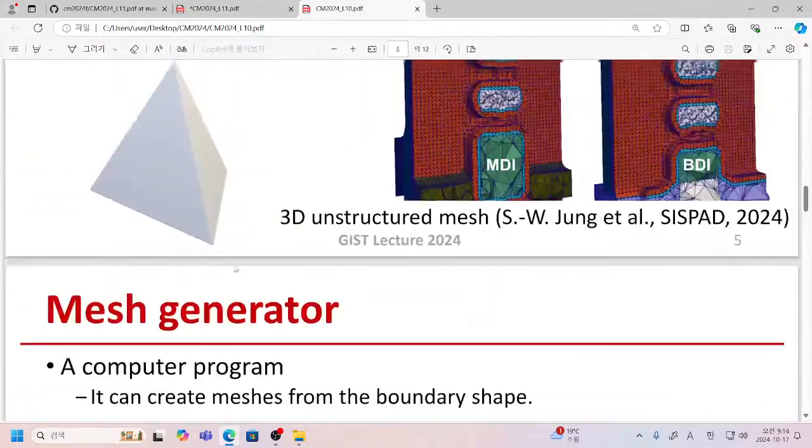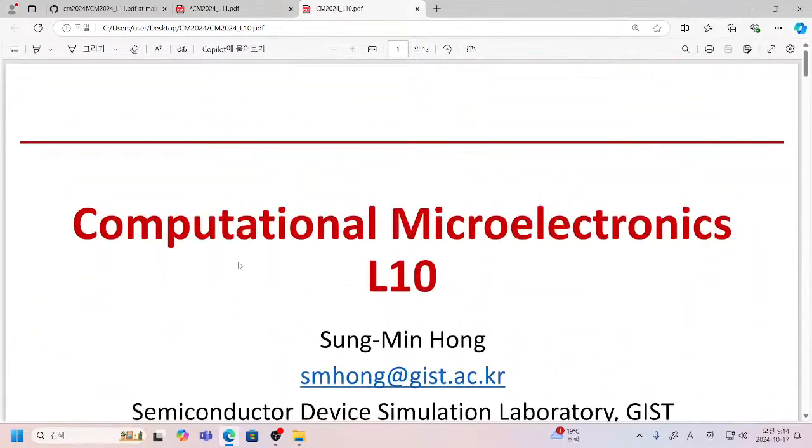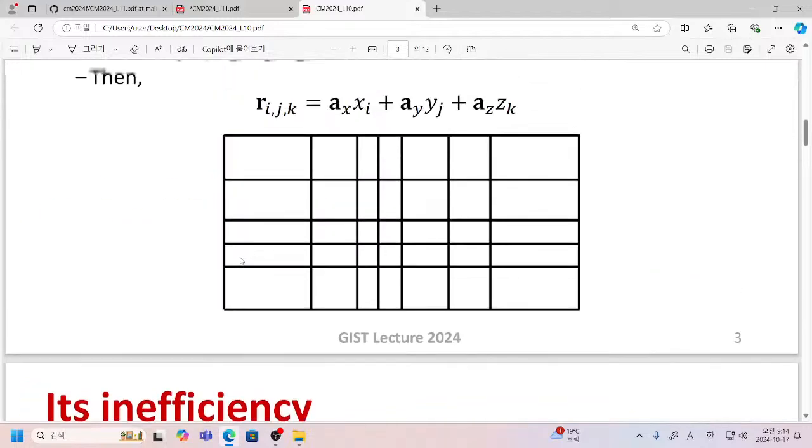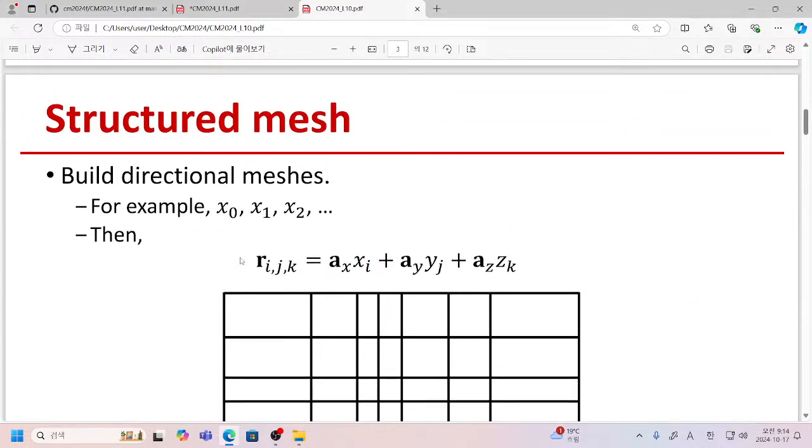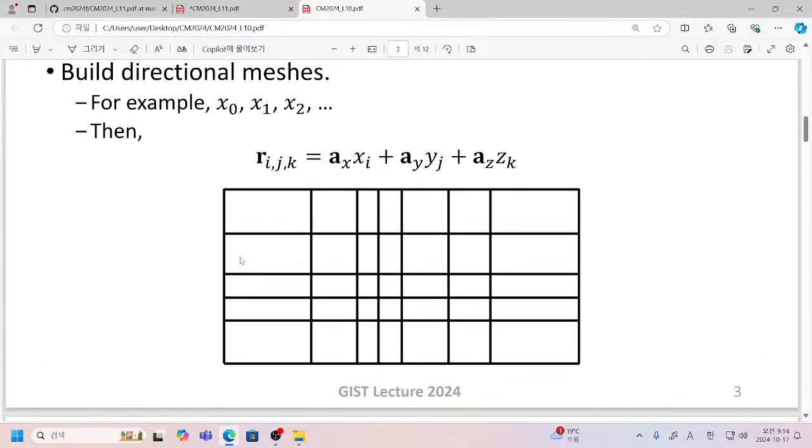For example, let me just show it once again. If we visit our previous lecture material, lecture 10, at that time we thought about a structured mesh, and this is a typical example of a structured mesh. In x direction and y direction we have directional meshes, and each lattice point corresponds to our two-dimensional mesh point.